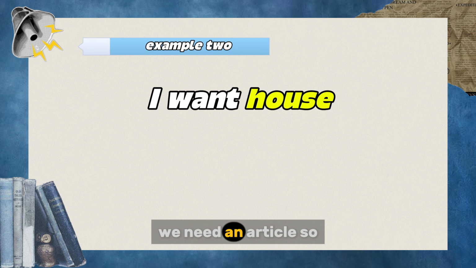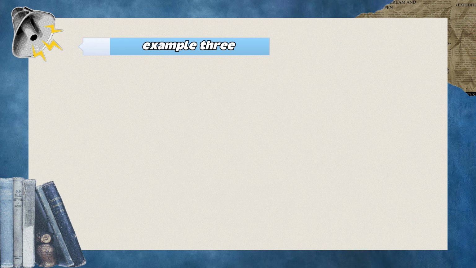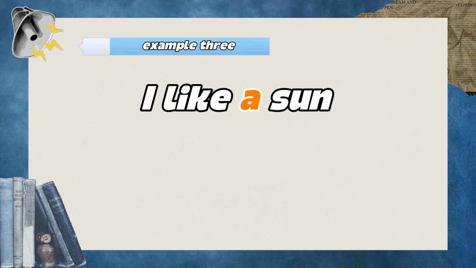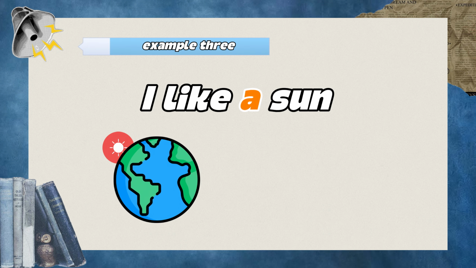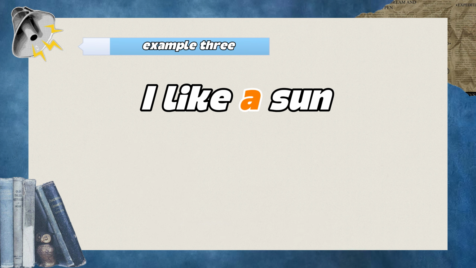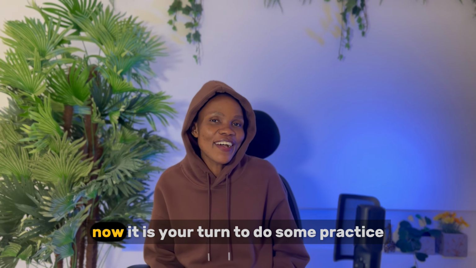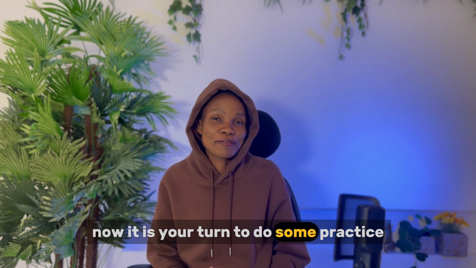We need an article. So, I want a house. The last example, I like a sun. Sun is just one in the world, so we need the article the. I like the sun.